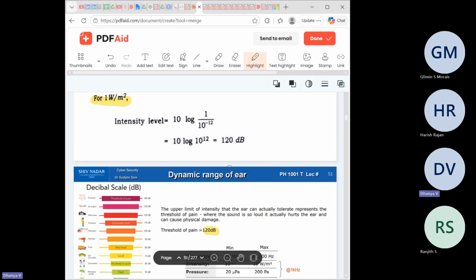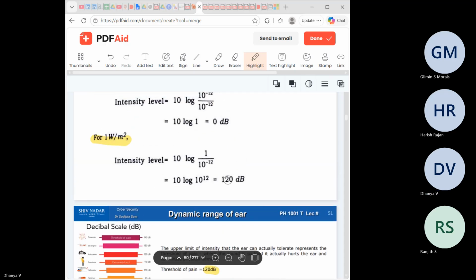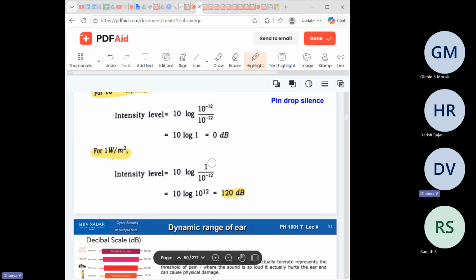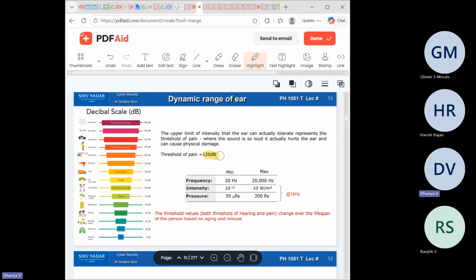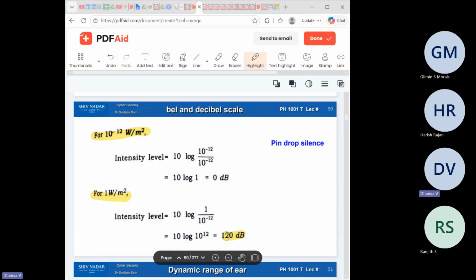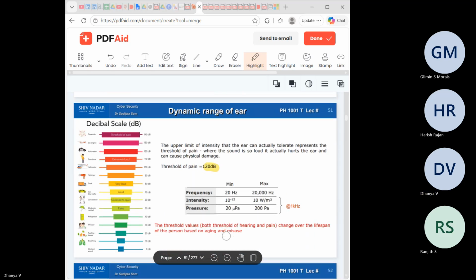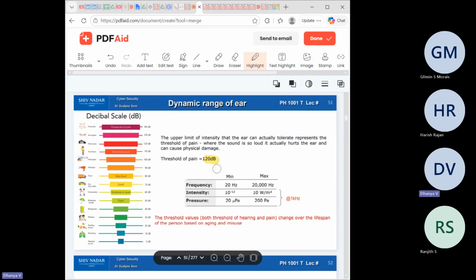And then your threshold of pain is 120 dB. Okay, when will you get 120 dB? When your I is 1. So it ranges from 0 to 120 dB. And then just take a note of it. Just know what it is.